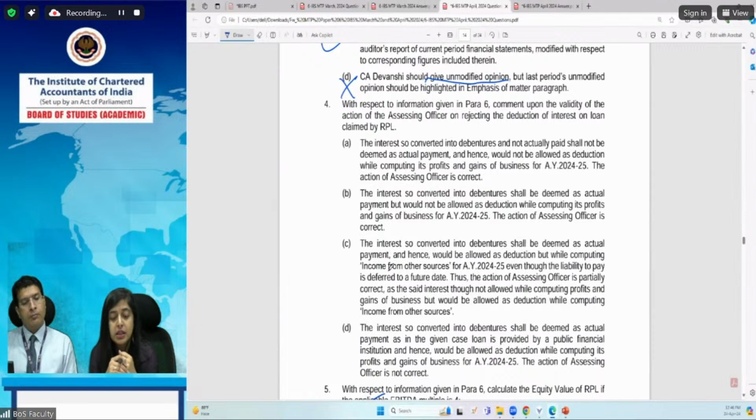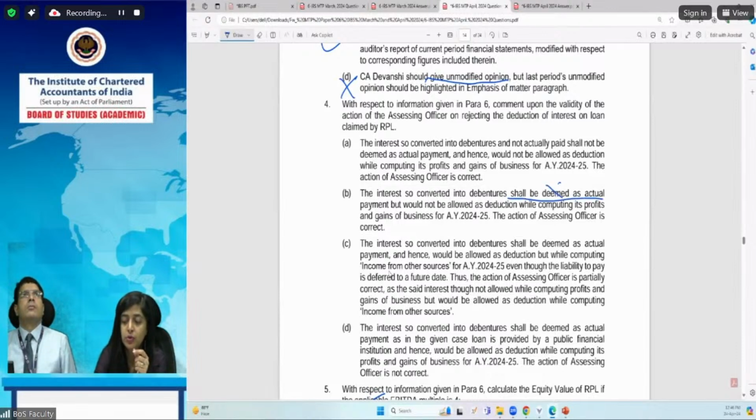Option B says the interest so converted into debenture shall be deemed as actual payment. No, we have already seen that this conversion will not be deemed as actual payment and would not be allowed as a deduction. So this option is incorrect. Option C says it shall be deemed as actual payment and hence allowed as deduction while computing income from other sources.